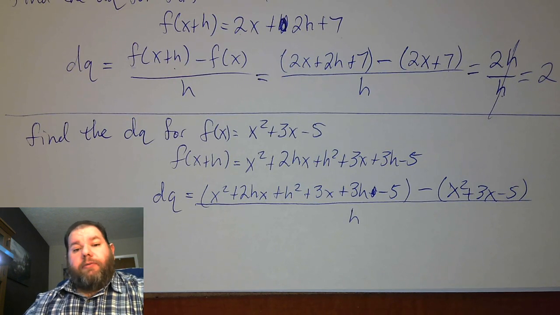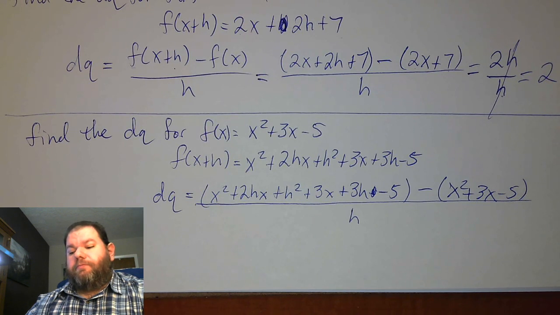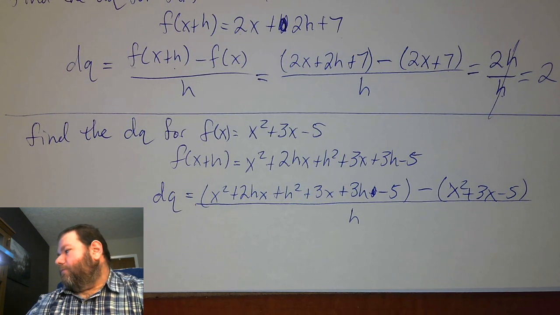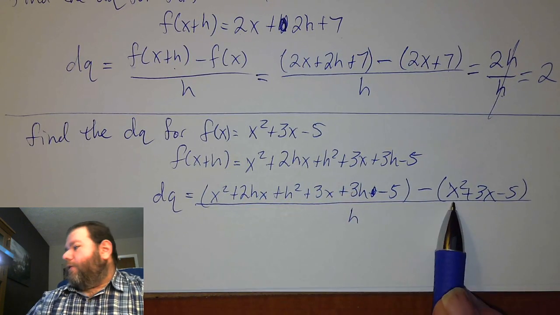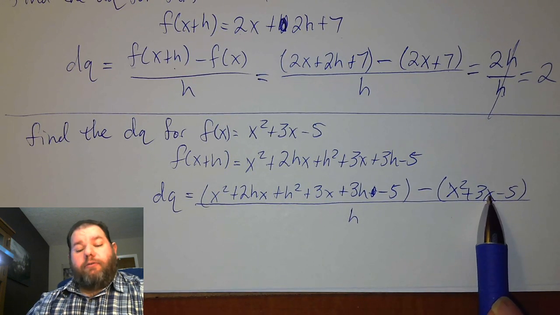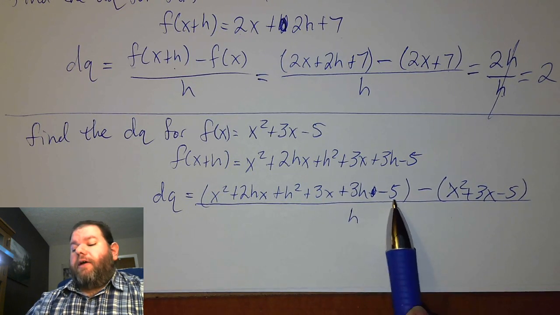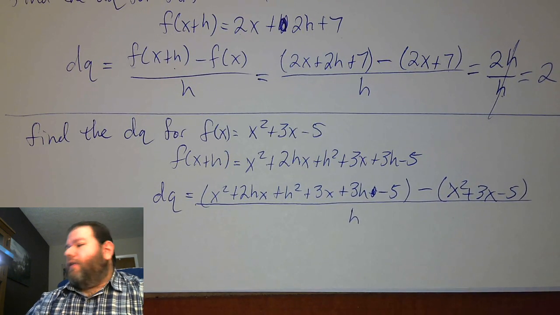Now what terms can we cancel in the numerator this time? Cancel the x squared because we have x squared minus x squared. 3x minus 3x, those will cancel. And negative 5 minus a negative 5, so negative 5 plus 5, that cancels as well.